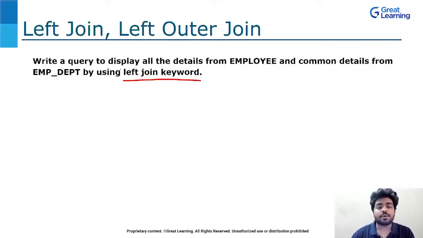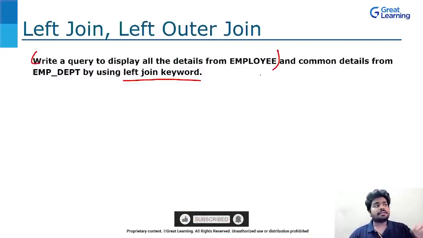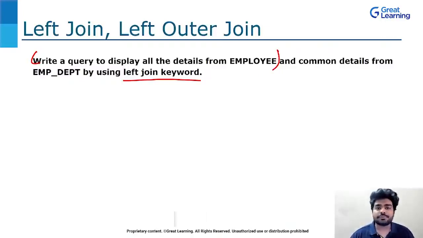Now understand the question. Write a query to display all the details from employee. This is one part. That means I want every detail from employee. But we want only the common details from employee department, not everything. So the situation is that from one table I want everything, but from the other table I want only the common details.